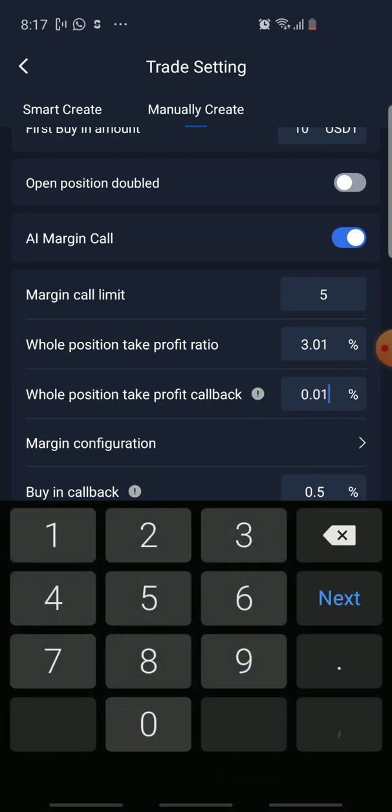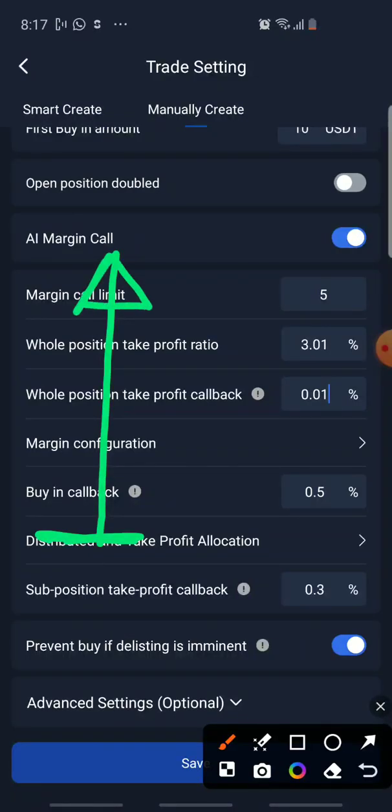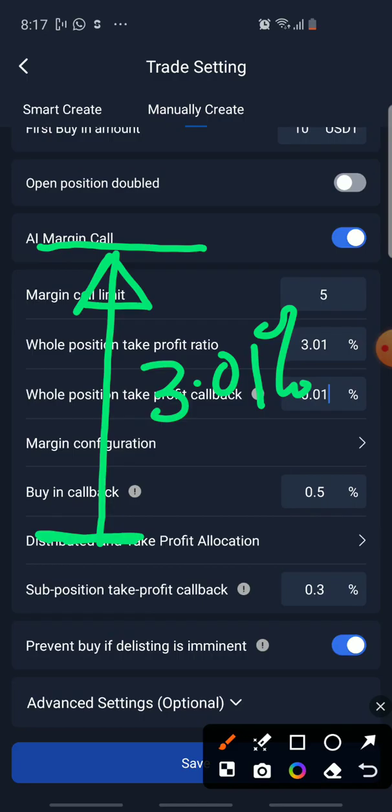What does it mean? It means that if I have entered the market at this point, I'm instructing my bot that when the market rises by 3.01, let the bot take off the profits. But for it to take off the profits, it will make a sale provided the market tries to fall by 0.01.